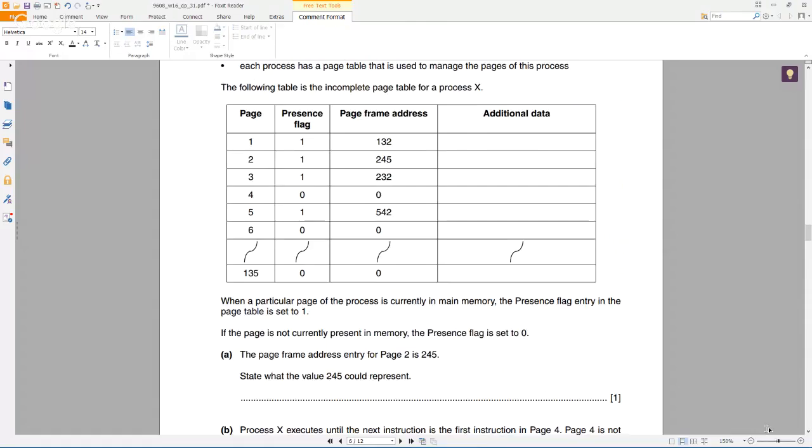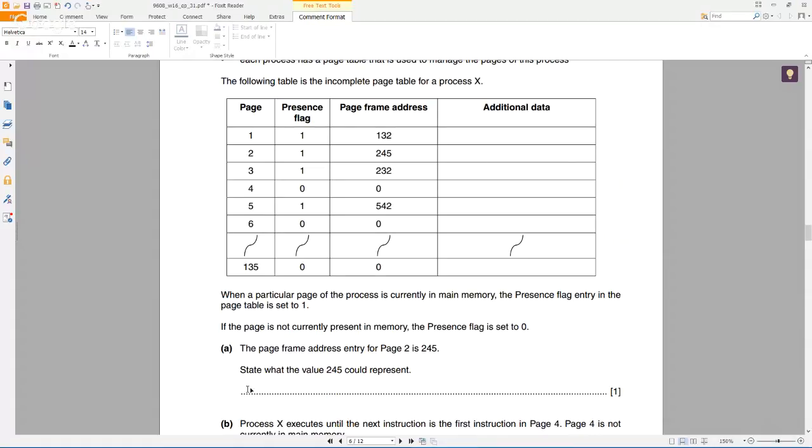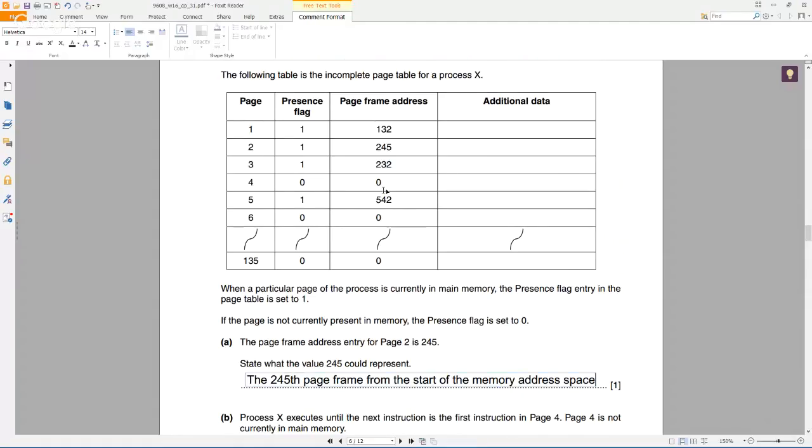So that's pretty much it. It's kind of an index, a number that represents the page frame. So it's basically the 245th page frame from the start of the memory address space. Page frame 0 will be the first one, then 1 will be the second one, and so on. So this number means where this page frame is located in the main memory.